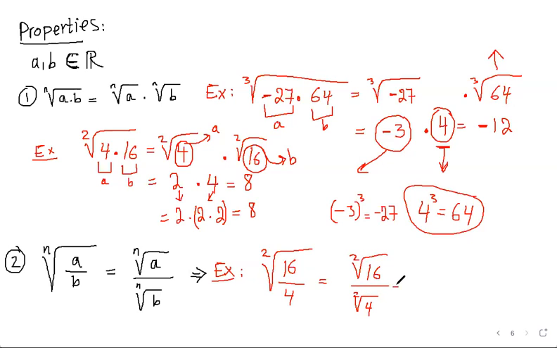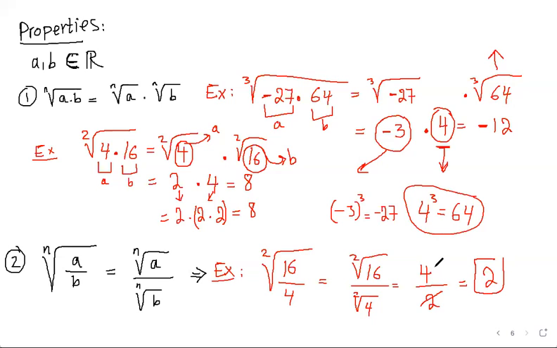I ask myself which number, if I multiply it by itself, gives me 16. That's 4. And for the square root of 4, I'm looking for a number that, if I multiply it by itself, gives me 4. That's 2. So the answer is 4 over 2, and it's equal to 2.